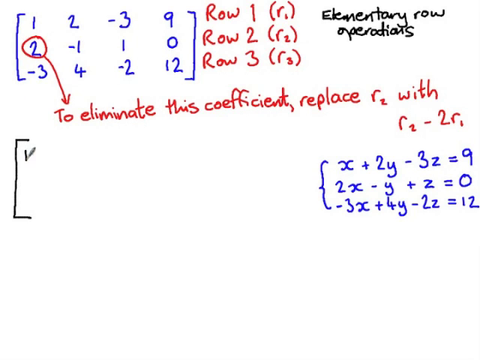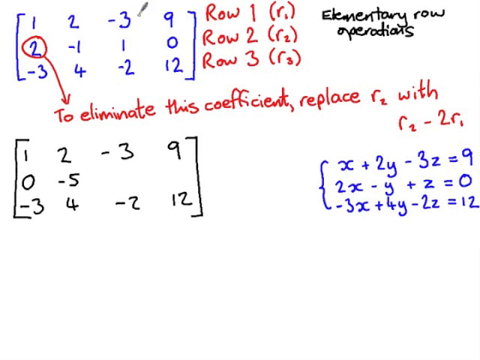So row 1 and row 3 are unchanged. 2 take 2 lots of 1 is 0. Negative 1 take 2 lots of 2 is negative 5. 1 take 2 lots of negative 3 is 7. And 0 take 2 lots of 9 is negative 18.